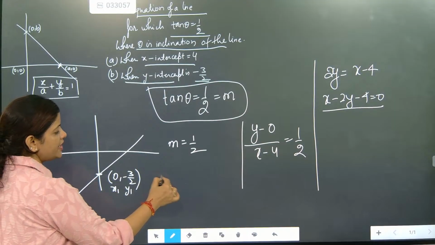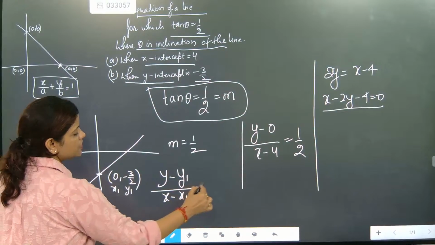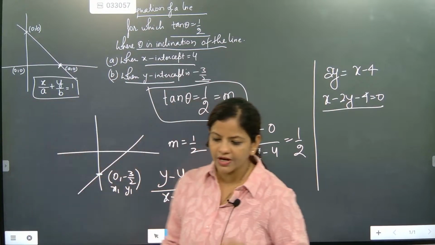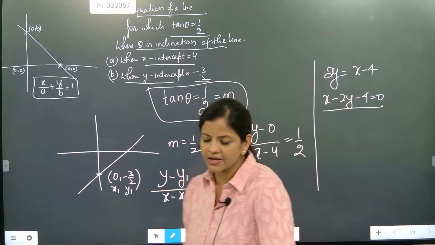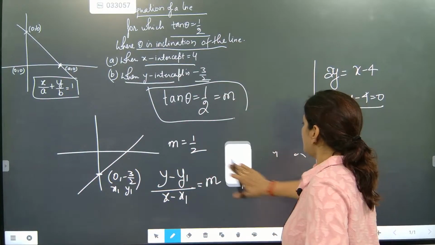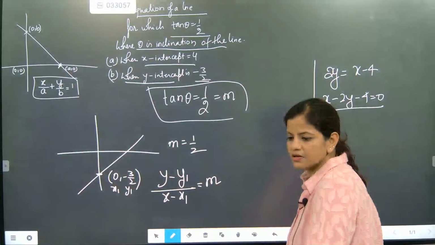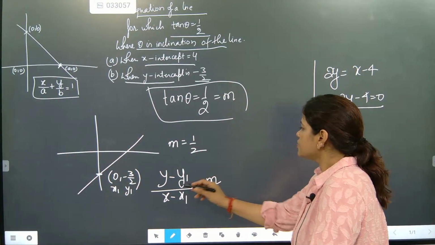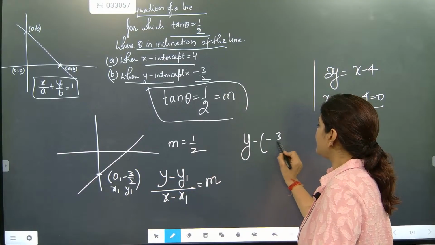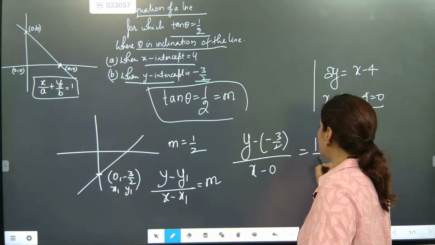Again the equation of the line is (y minus y1) by (x minus x1) is equal to the slope. So here y1 is minus 3 by 2, and x minus 0 is equal to 1 by 2.